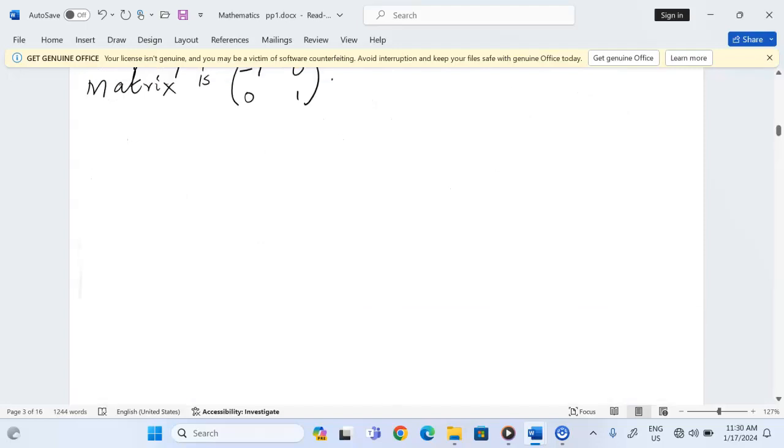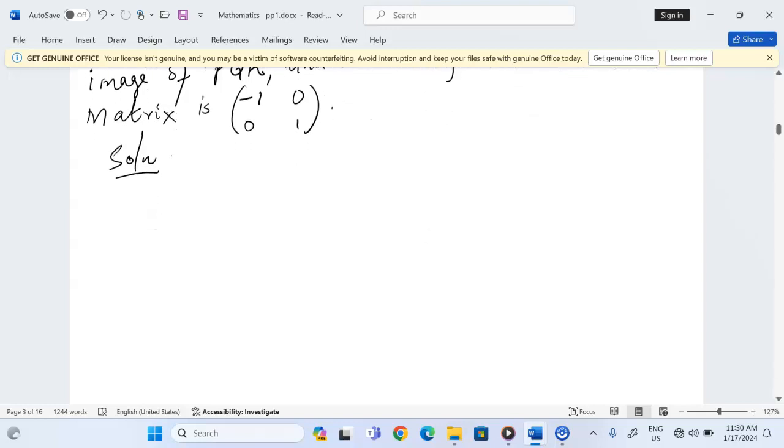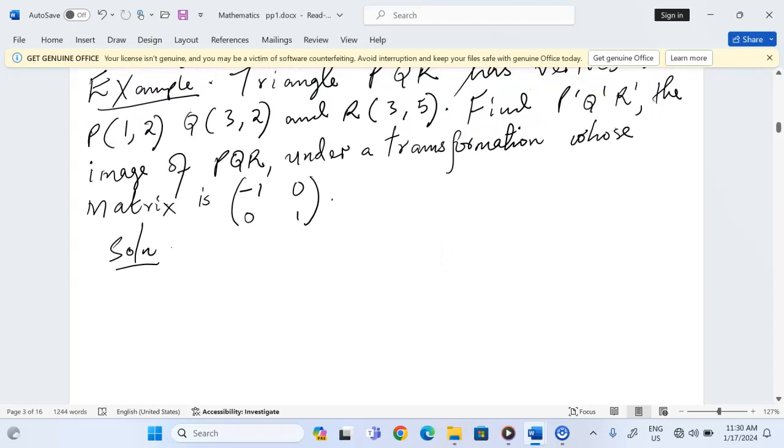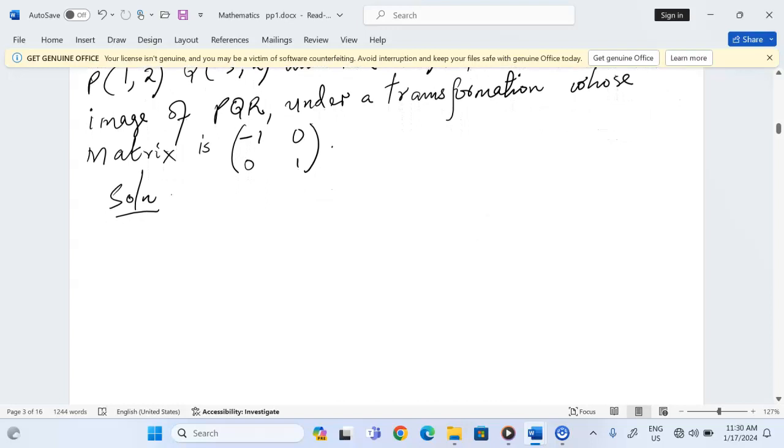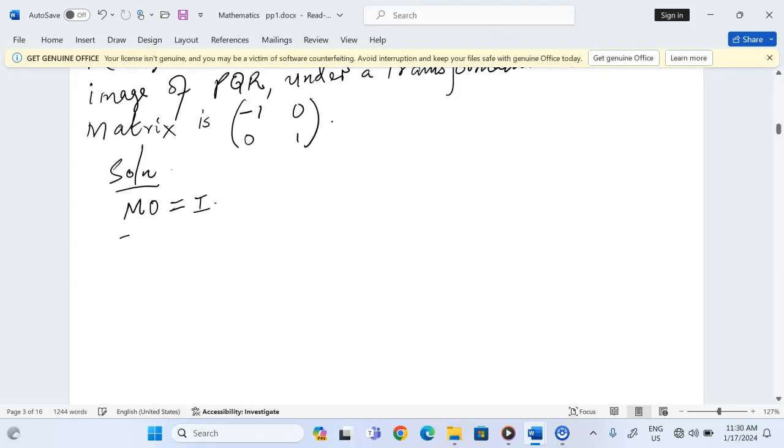Now we should understand that for us to get the image, we need to premultiply the position vectors of this object with a transformation matrix. In simpler terms, when a matrix is multiplied by an object, we get the image. Therefore, we take [-1, 0; 0, 1].